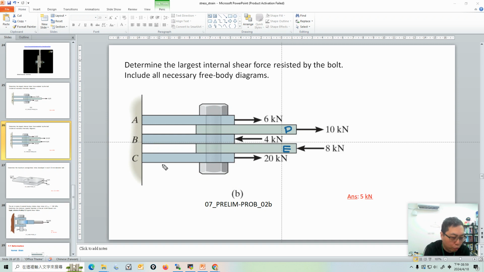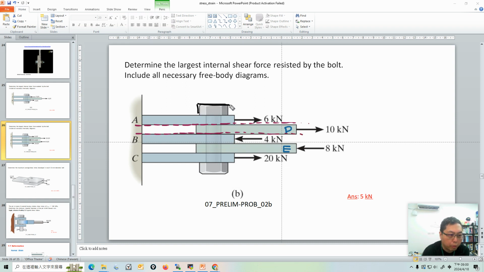Let's start from D first. There's an external force of 10 kilonewton pulled on D, and D has a shear plane with A and B. So this is a shear plane here: D contacts A, and D also contacts B. The bolt is here.